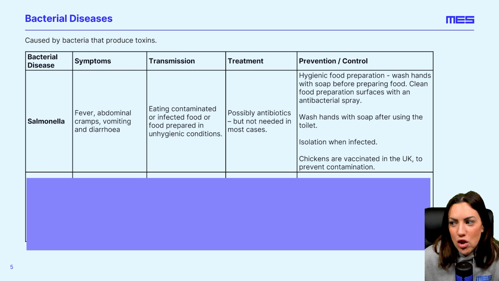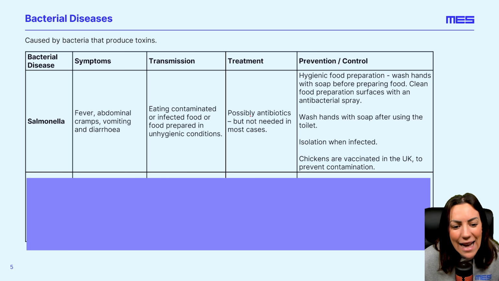So you need to make sure that you're cooking your foods thoroughly and preparing your food in hygienic conditions. For example, sterilizing the surfaces in your kitchen, sterilizing the knife after you've been cutting raw chicken, and washing your hands as well after you've been preparing that food.